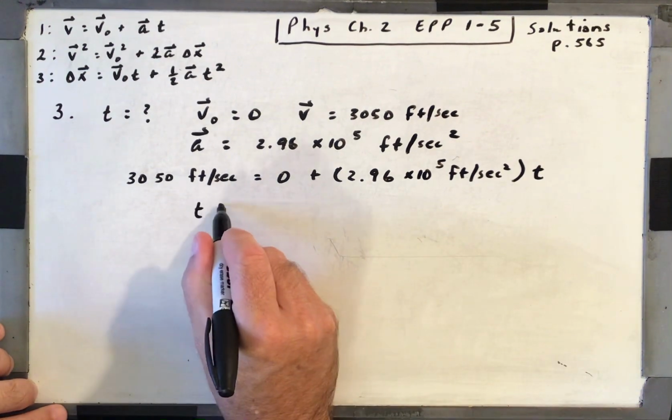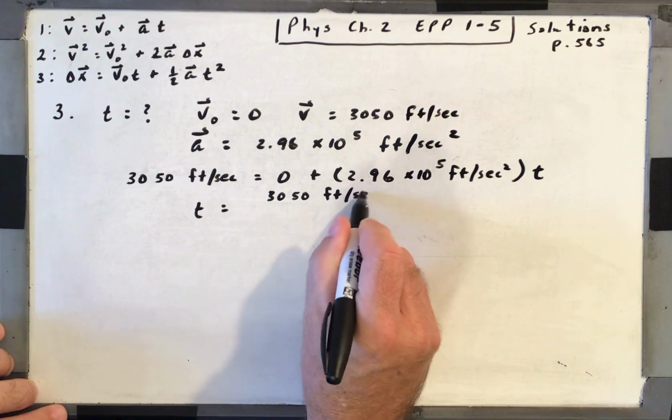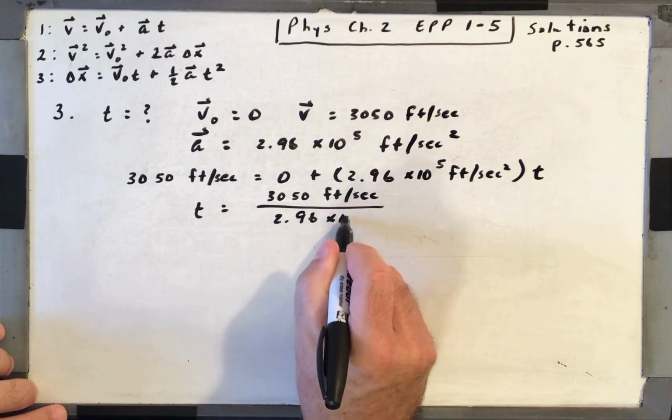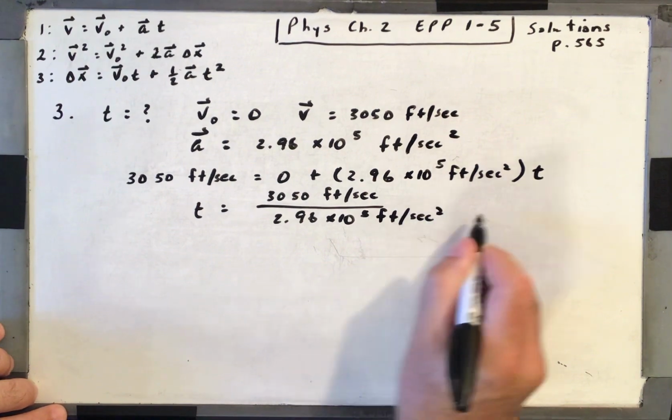So time is going to be 3,050 feet per second divided by 2.96 times 10 to the 5th feet per second squared.